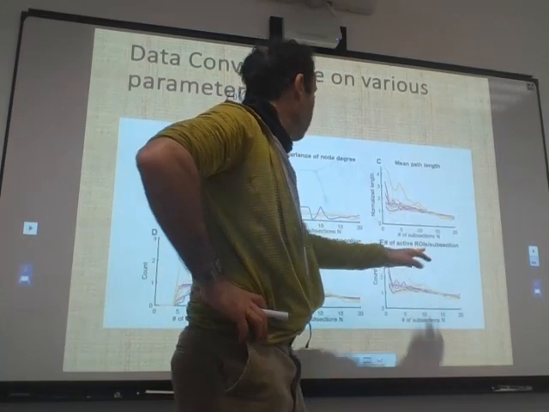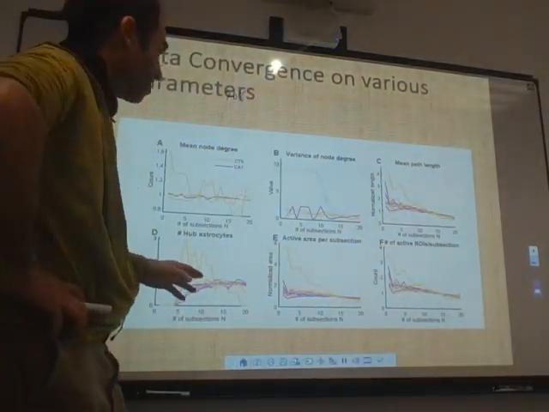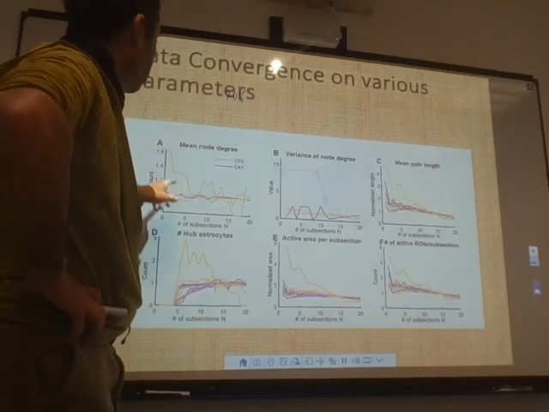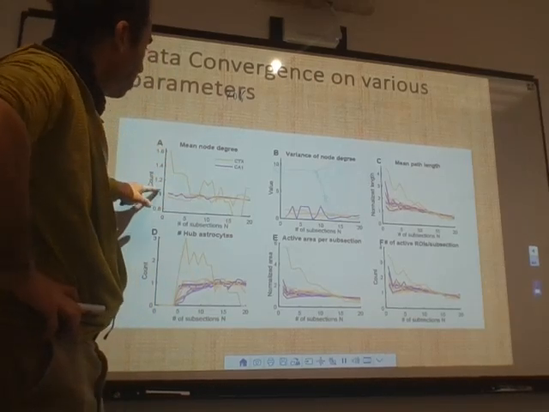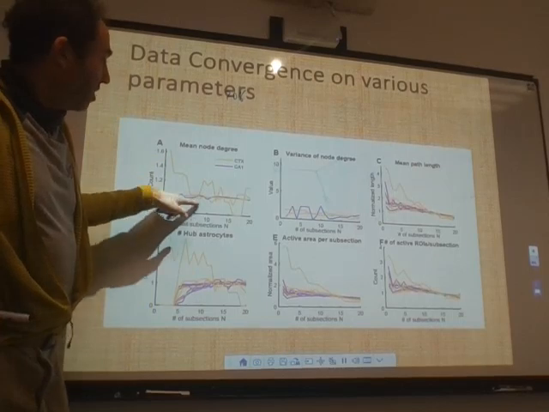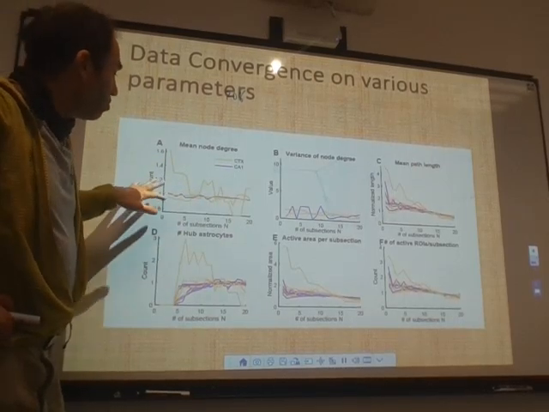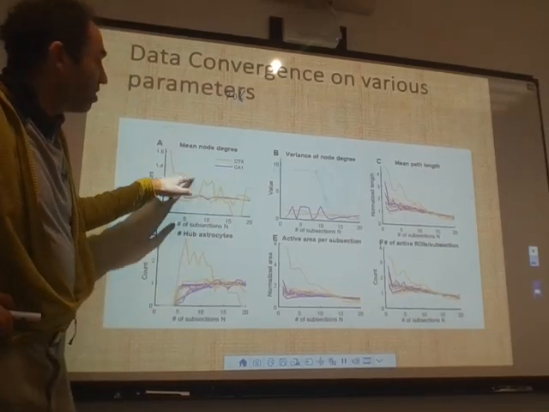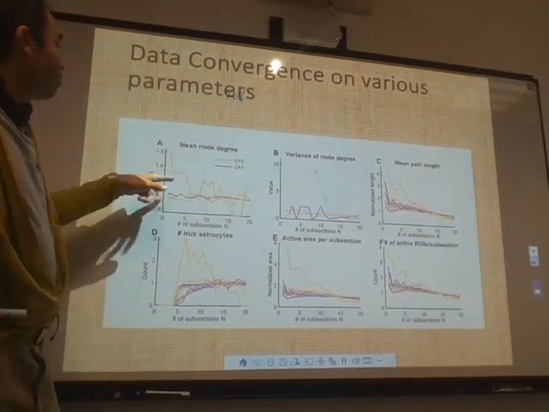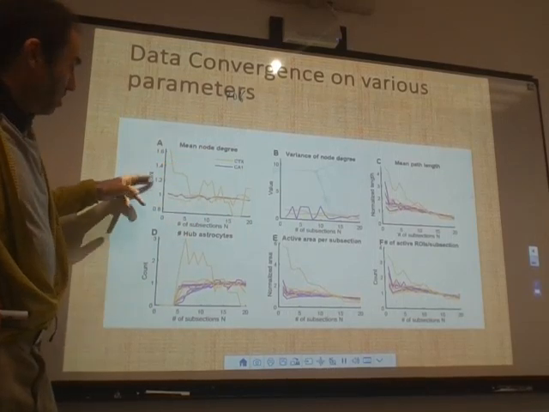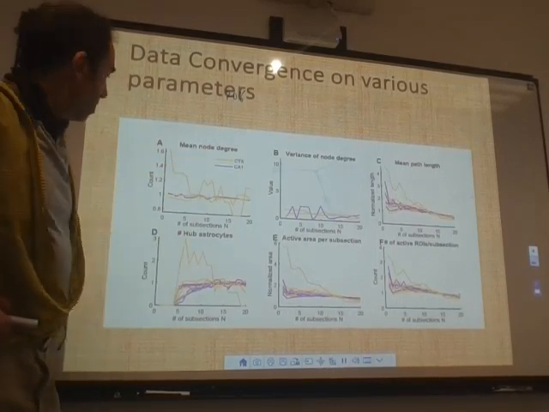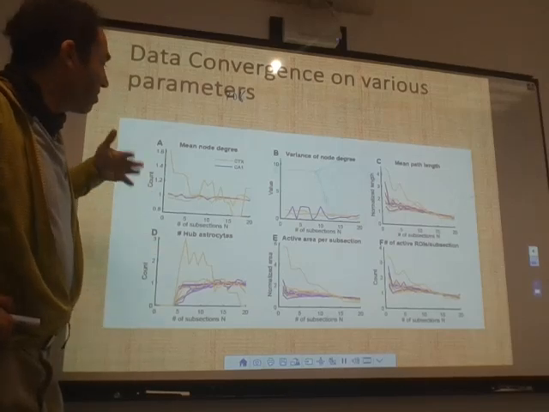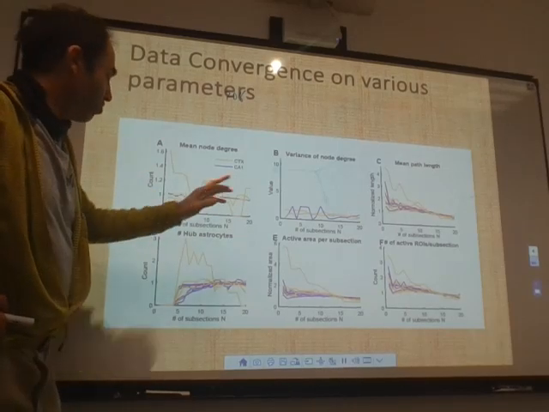Okay, so we saw it for different things. For example, the node degree here, we had this kind of behavior. It seems that CA1 was not changing, whilst the other one was converging, because node degree quantifies in integers, so this was quite okay.